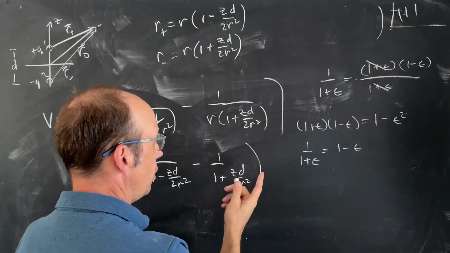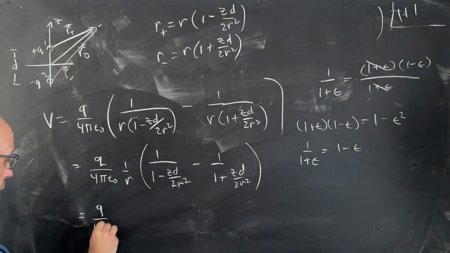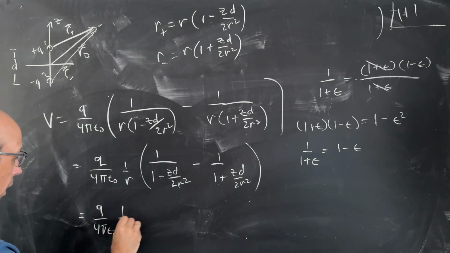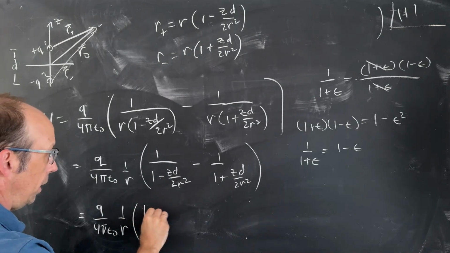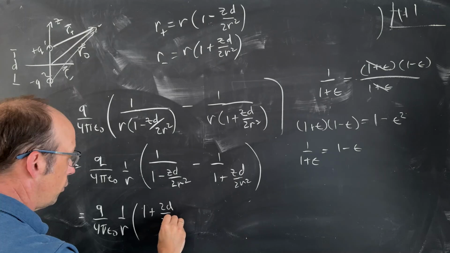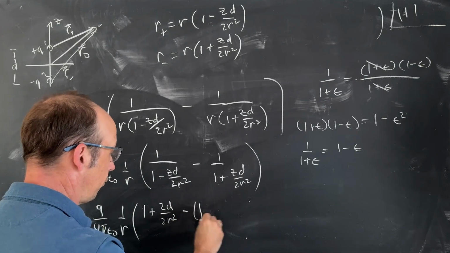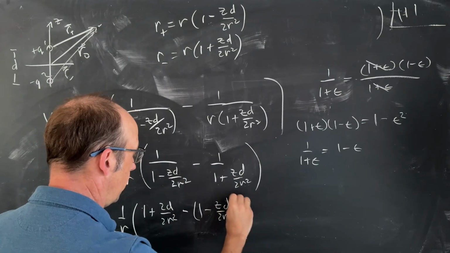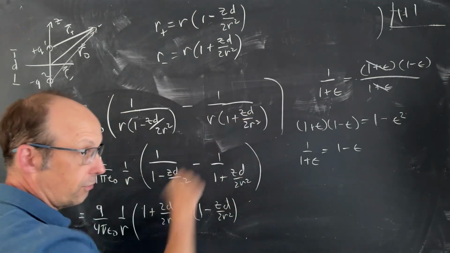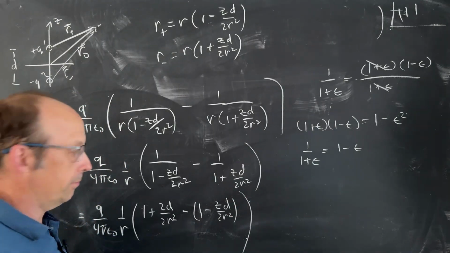Okay, so that means that this is going to be equal to q over 4 pi epsilon naught, 1 over r, times 1 plus zd over 2r squared, and then minus 1 minus zd over 2r squared. All right, because I used the trick again. I don't really like that one, but that's fine.